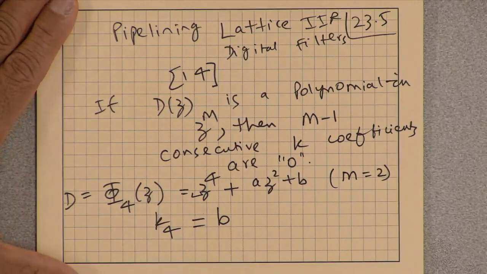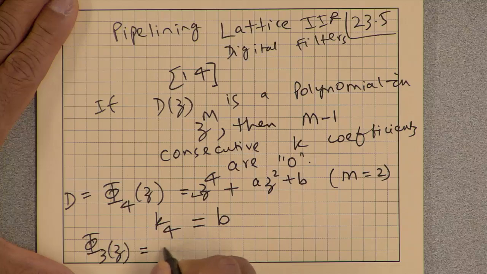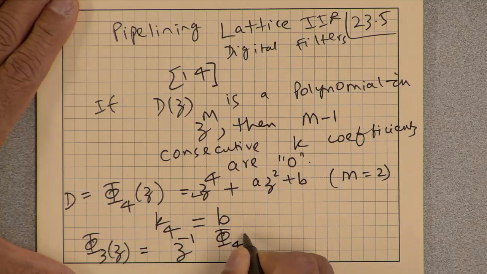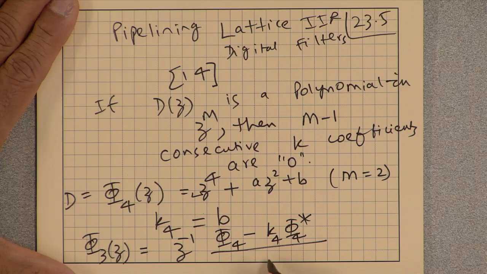Once I know k4, then I can reduce the degree. So phi3 is going to be z to power minus 1 times phi4 minus k4 phi4 star, divided by the square root of 1 minus k4 squared.